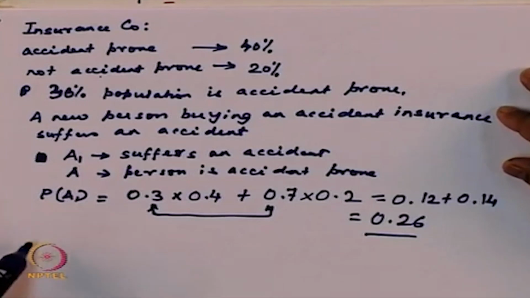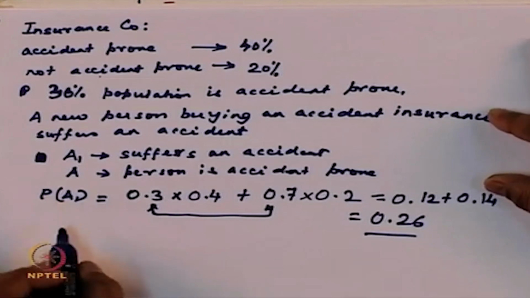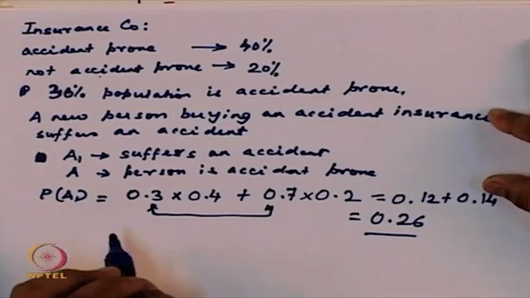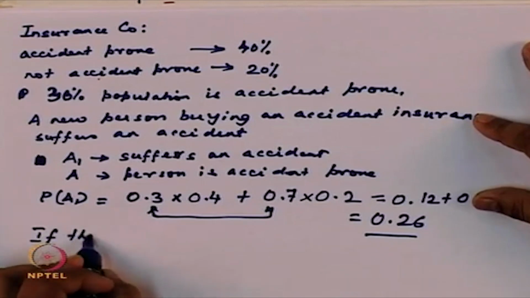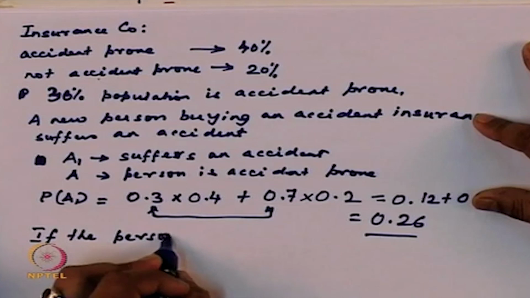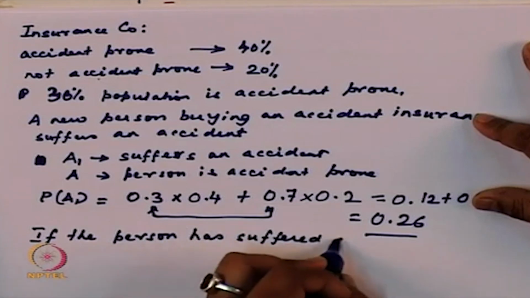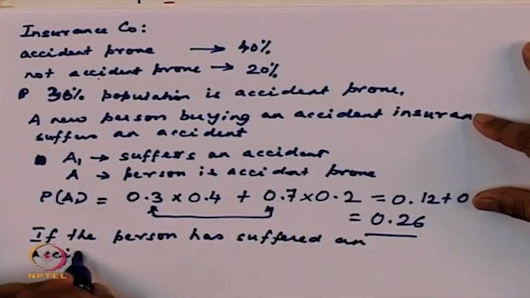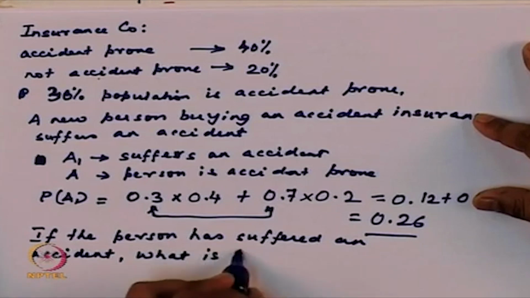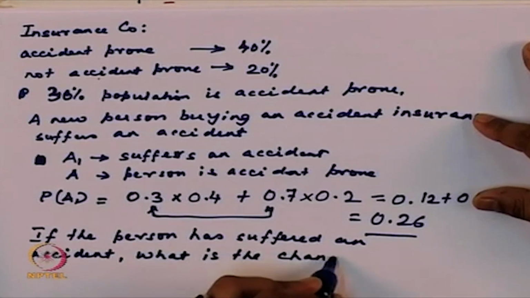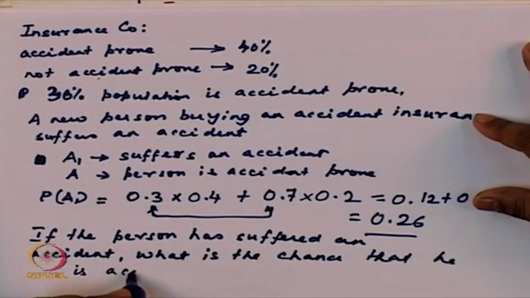Let me modify my question and ask: if the accident has already happened, if the person has suffered an accident, what is the chance that he is accident prone?